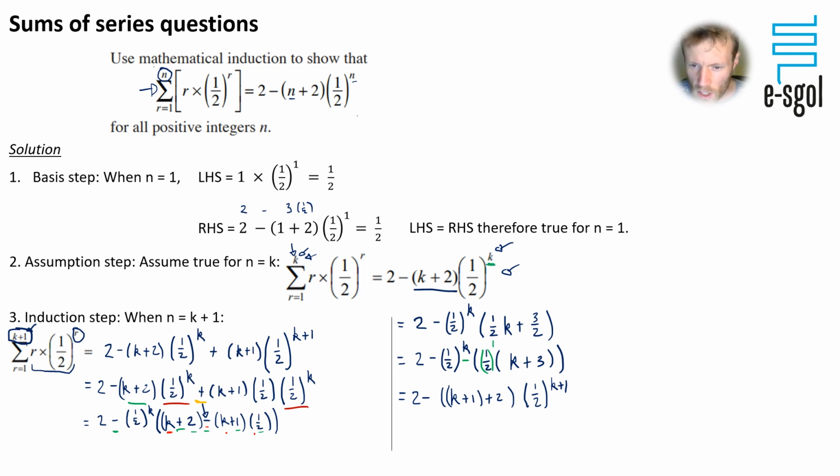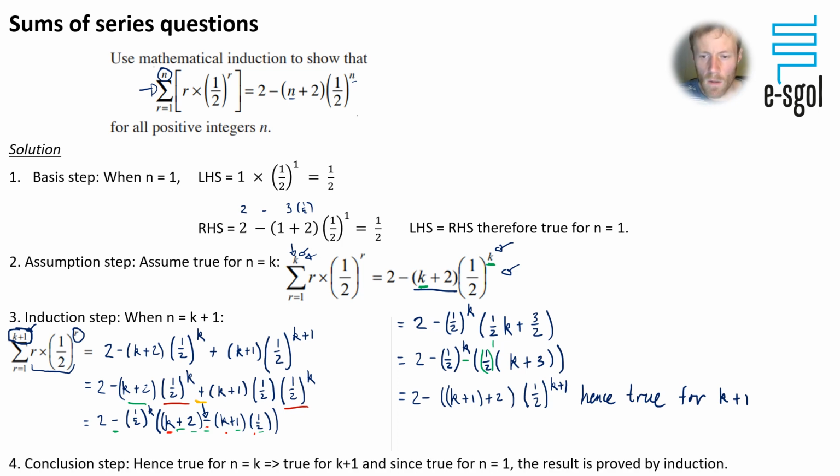That k I've changed for a k plus 1, that k I've changed for a k plus 1. So true for k plus 1. Then, as per normal, just a conclusion step to finish off.